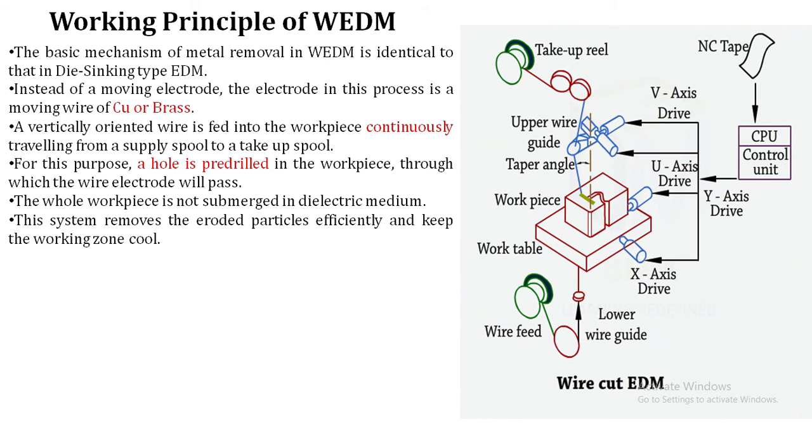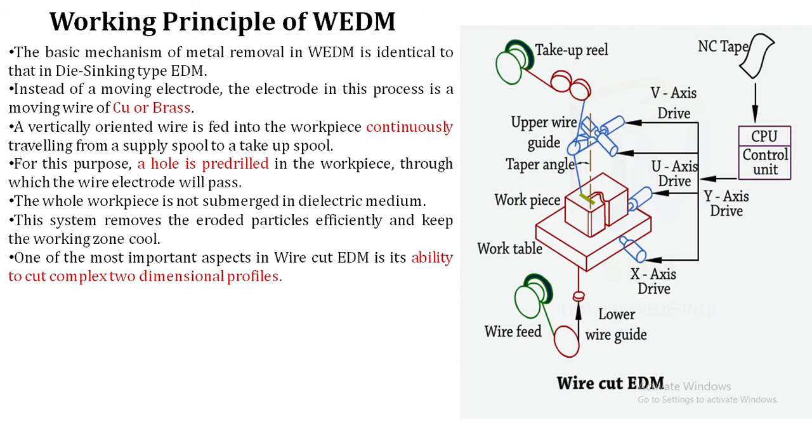Next, this system removes the eroded particles efficiently and keeps the working zone cool. That is an application or property of the dielectric fluid: continuously removing the eroded particles from the workpiece material, as well as maintaining the working zone as a defined cool region. So that is the important application of the dielectric fluid.